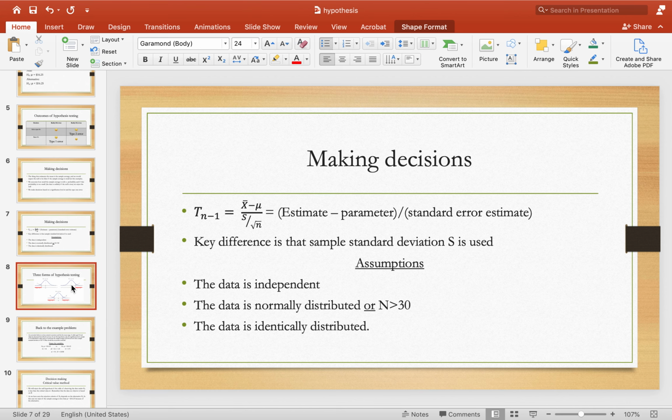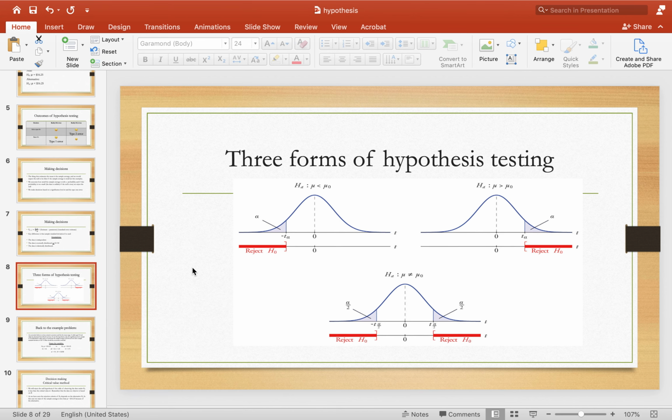When you make a decision, there are three forms of the alternative. So here the alternative is that mu is less than some value, in which case you reject H0 for values below the mean in this region, this red region on the top left.